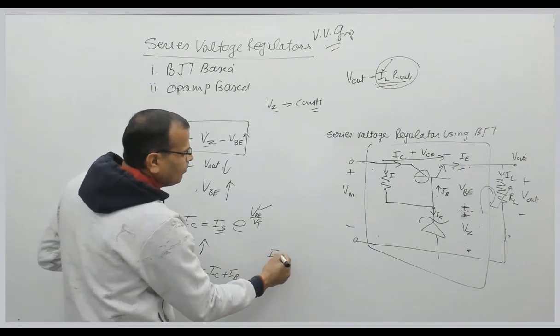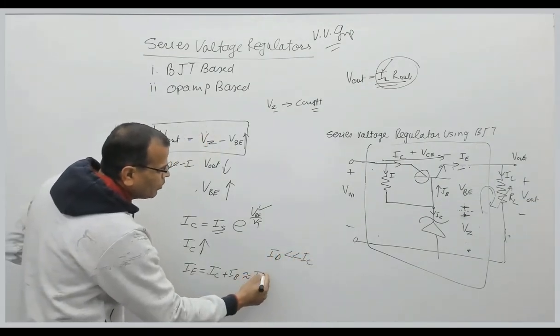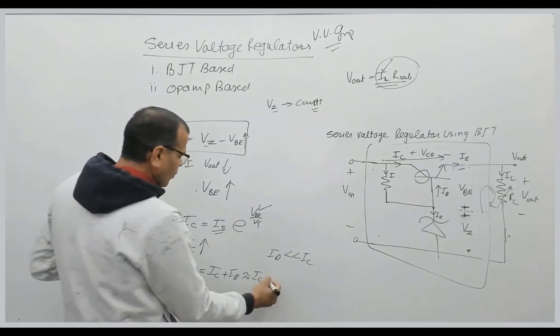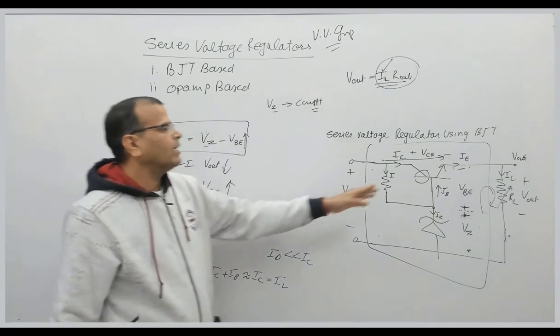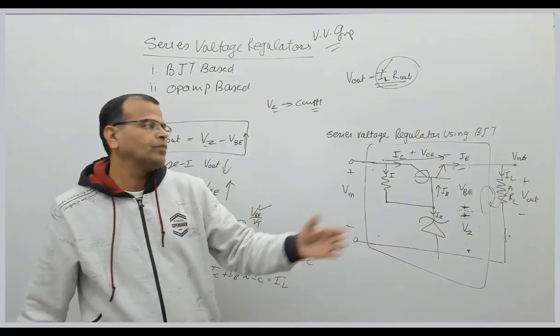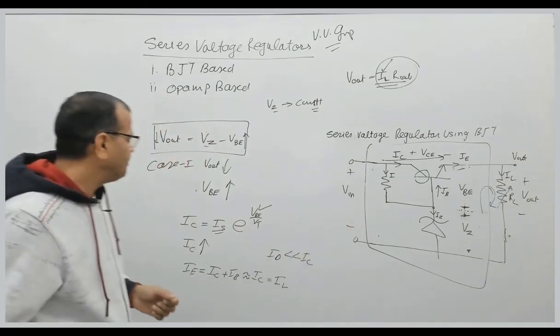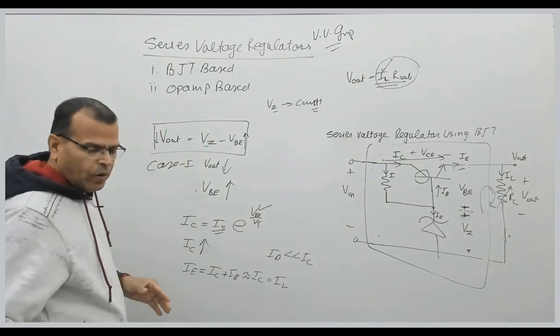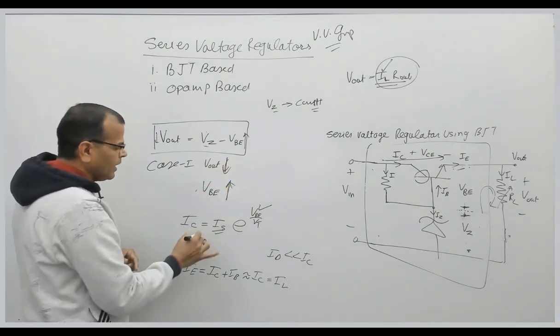Base current of the BJT is much smaller than IC, so this is approximately equal to IC, and that is equal to the load current. So my collector current is almost the same as the load current. Now if V out is reduced, VBE is increased, collector current is increased.